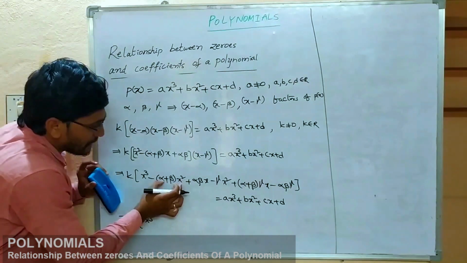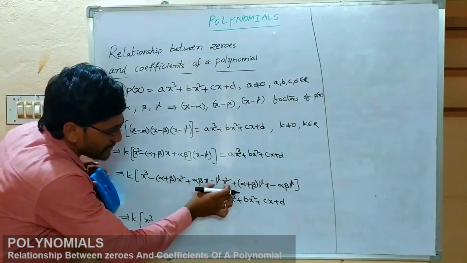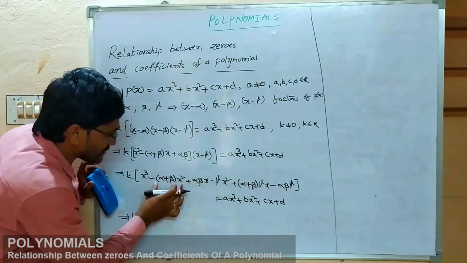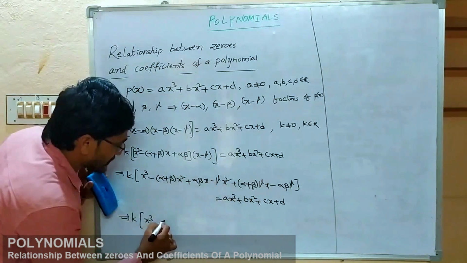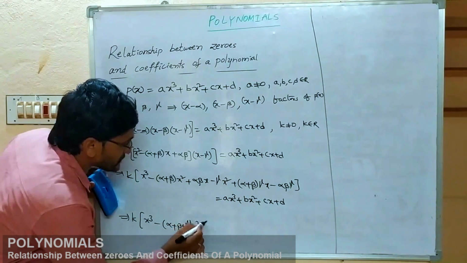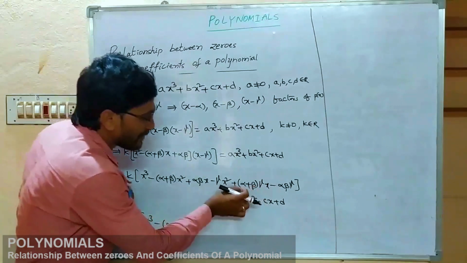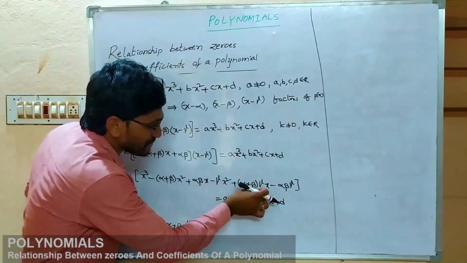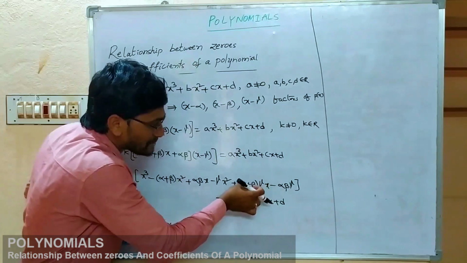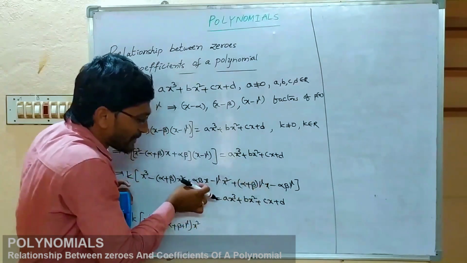Here the x square term is there, here also an x square term is there, minus. So minus x square, take common in this term and this term, so we get minus of alpha plus beta plus gamma into x square. Next, here an x term is there, here also an x term is there. Now multiply with this one, what do we get? Alpha into gamma plus beta into gamma. Here alpha beta into x.